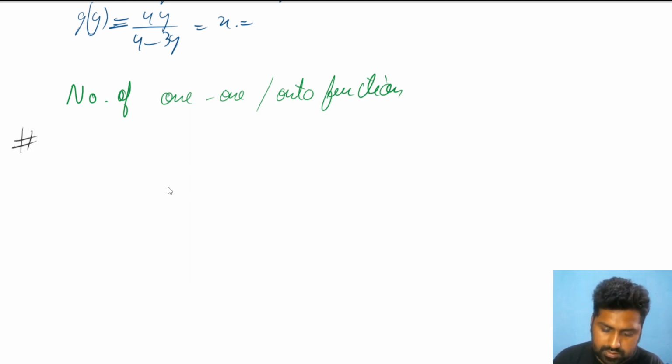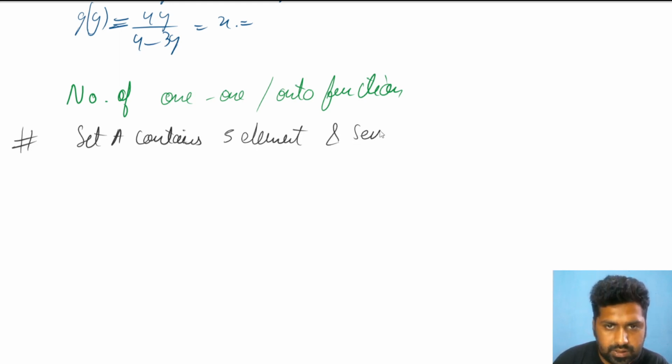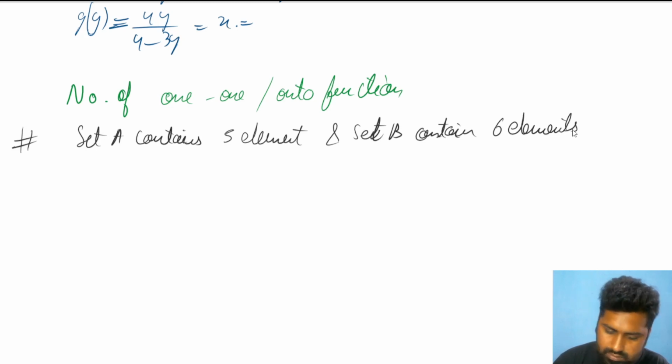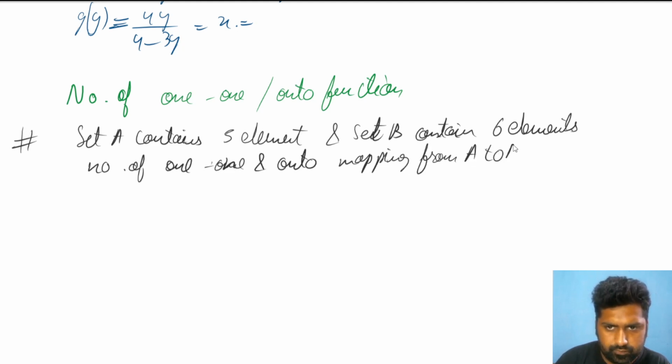The question asks us: set A contains 5 elements and set B contains 6 elements. Number of one-one and onto mappings from A to B is, this is what you have to find.